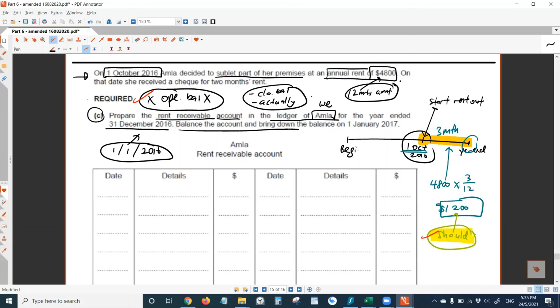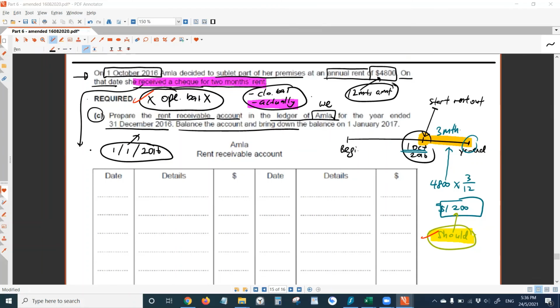Okay, next line, it says what? On that date, she received a check for 2 months rent. Both of you tell me how much she has actually received. This is the amount she has actually received. Okay, good, Yuan Yue.